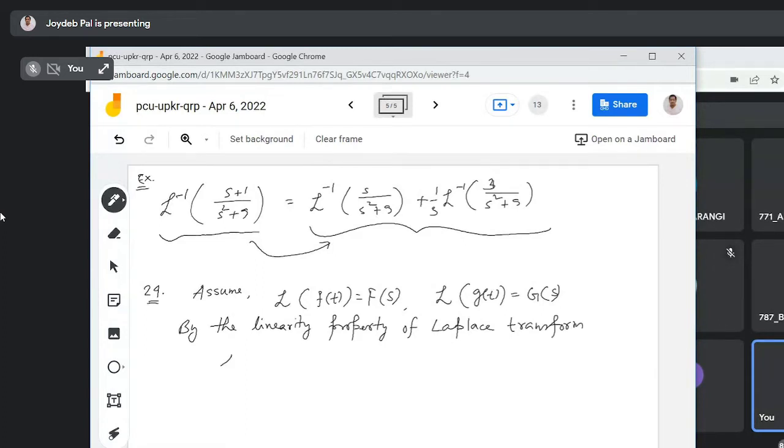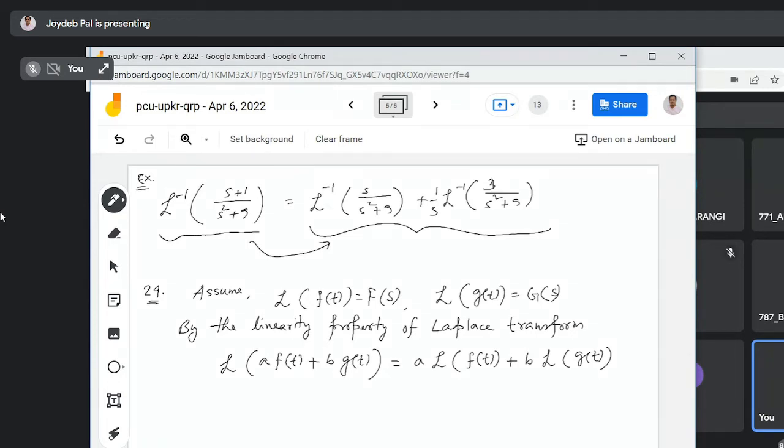Laplace transform of a times f(t) plus b times g(t) is equal to a times Laplace transform of f(t) plus b times Laplace transform of g(t), for some constants a and b. Right? That is the linearity property of Laplace transform.